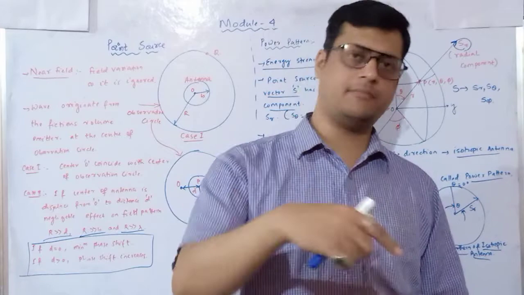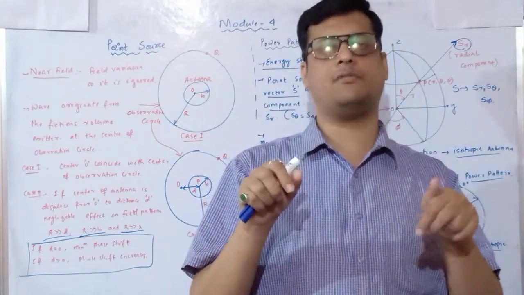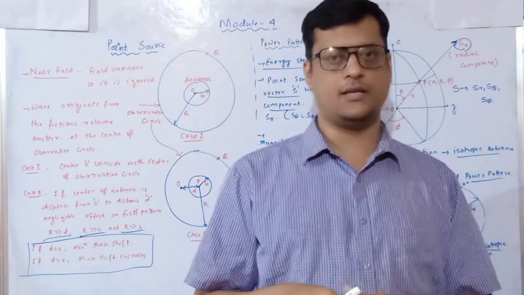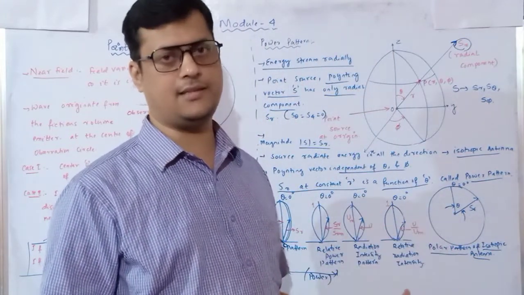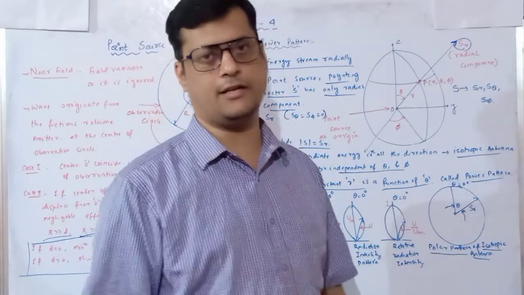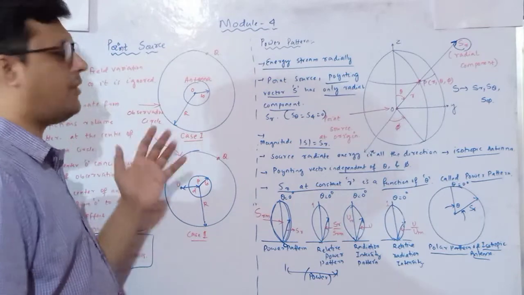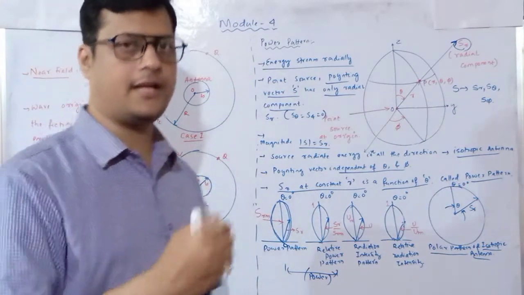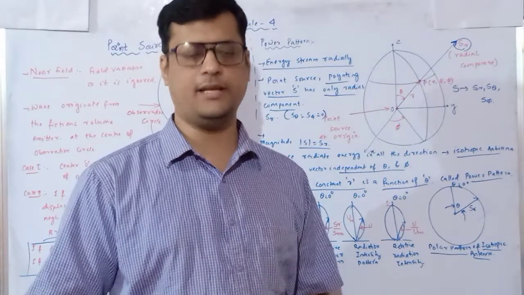That maximum energy is called the major lobe, and the minimum energy distribution is called the minor lobe. So here we are considering only the maximum intensity projected in a particular direction. This is the basic concept behind our point source. Now we will discuss the different cases, what will happen and how these radiation patterns are going to be analyzed.